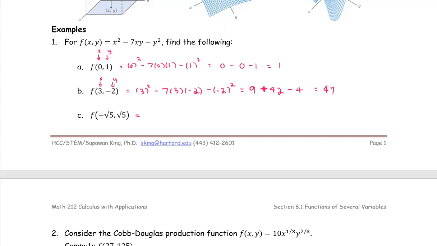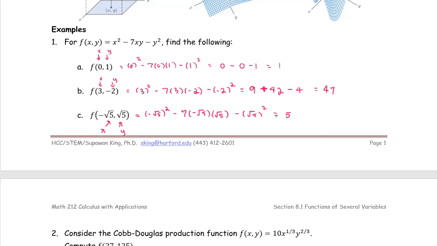And then the last one is done the same way. This time x is negative square root 5 and y is square root 5. x squared is negative square root 5 squared, minus 7 times negative square root 5 times square root 5 for the y, and then minus square root 5 squared. When you square the negative, it becomes positive, so the first term is 5.